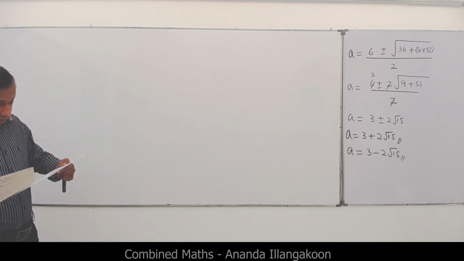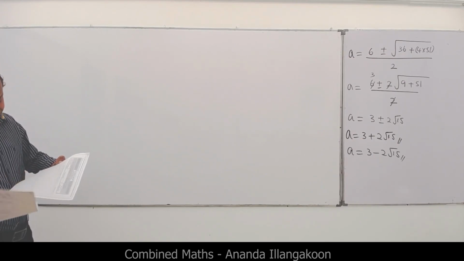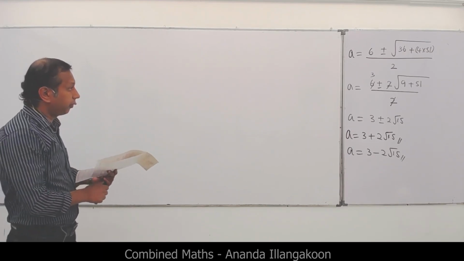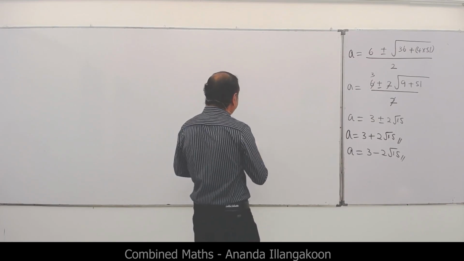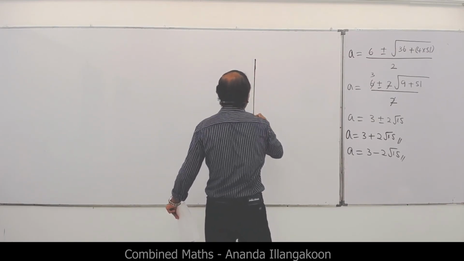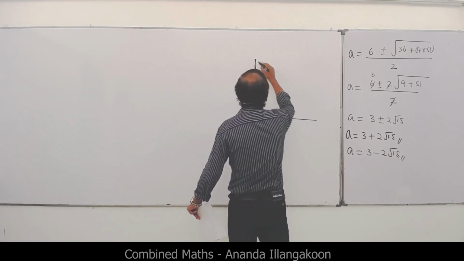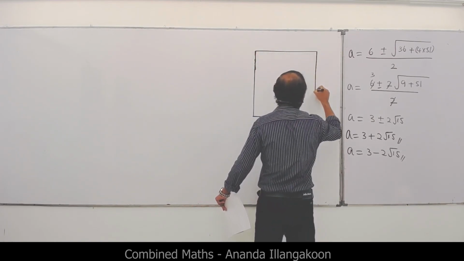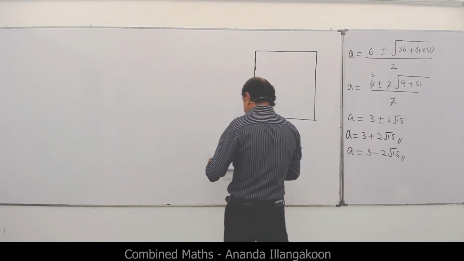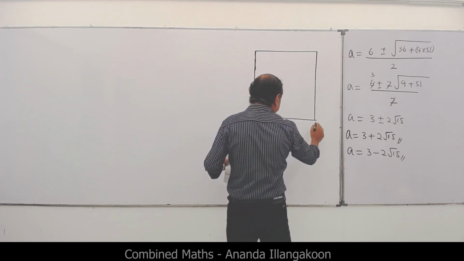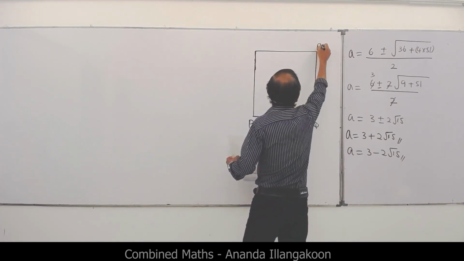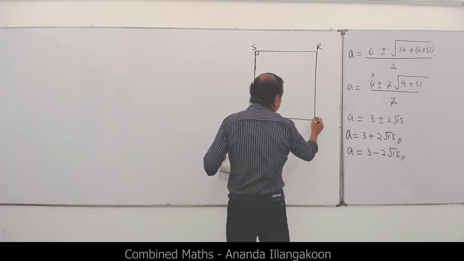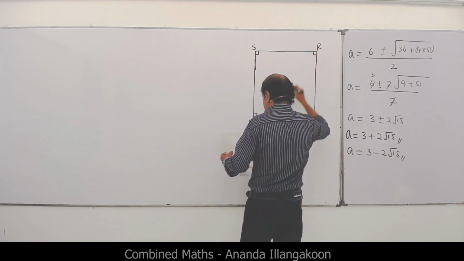P, Q, R are 3 vertices of a square PQRS.